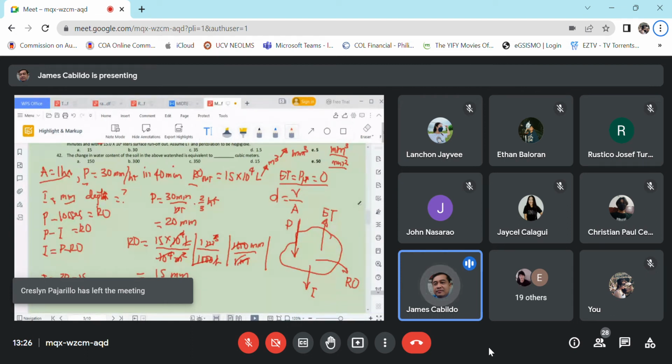Alright, let's move to 42. So the change in water content of the soil in the above watershed is equivalent to blank cubic meter. Niya dito ay cubic meters. So alin dito sa illustration natin ang pumasok sa lupa na nagpabago ng kanyang moisture content?